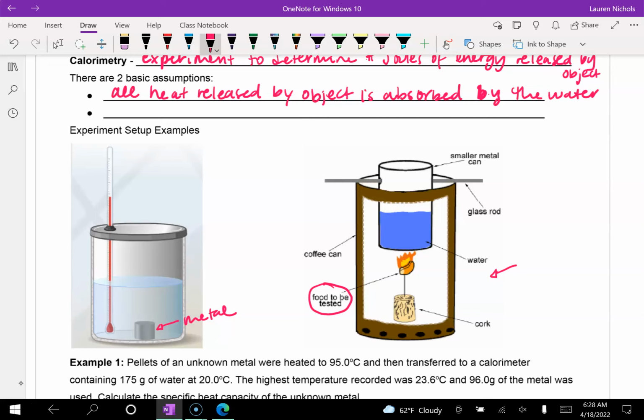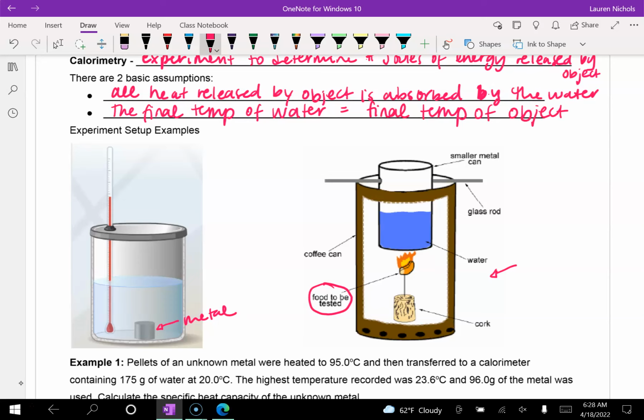The second assumption that we make with calorimetry experiments is that the final temperature of the water is equal to the final temperature of the object. Okay, that these are the same things.